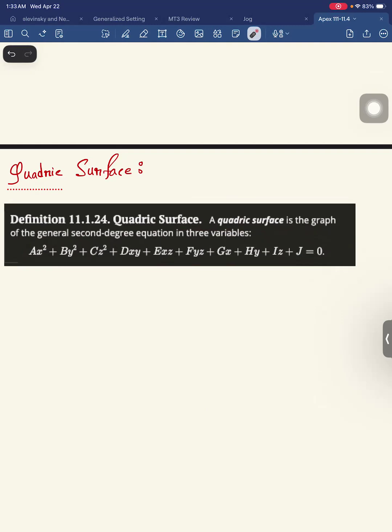So for different values of a, b, c, d, e, f, g, h, i, j, you will get different kinds of paraboloid, hyperboloid, elliptic cone, ellipsoid, and things like that. For example, remember, a degree 2 polynomial in x and y gives you all the conic sections.